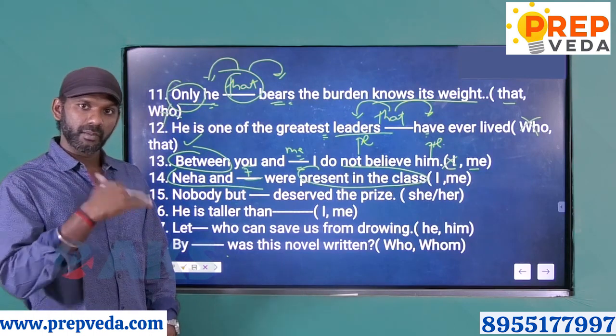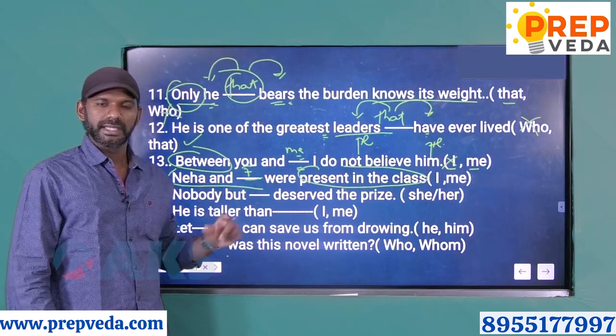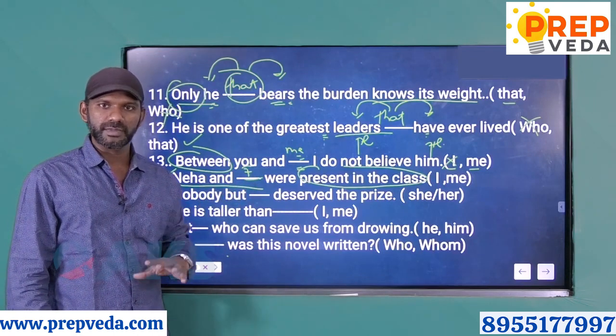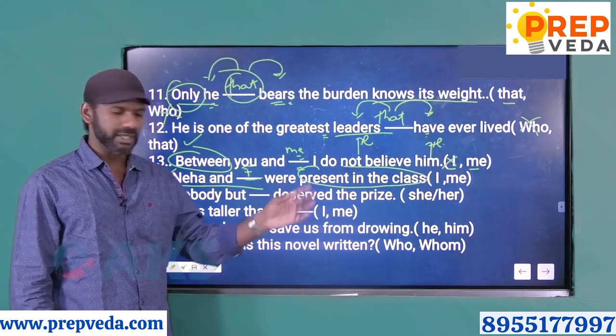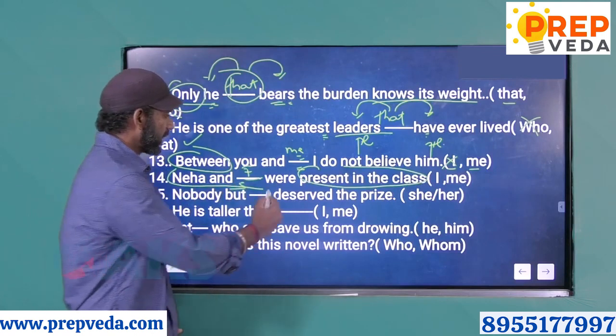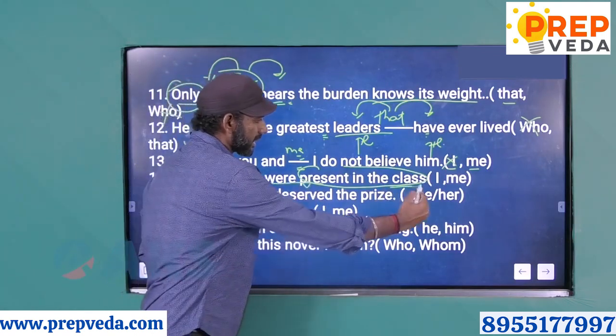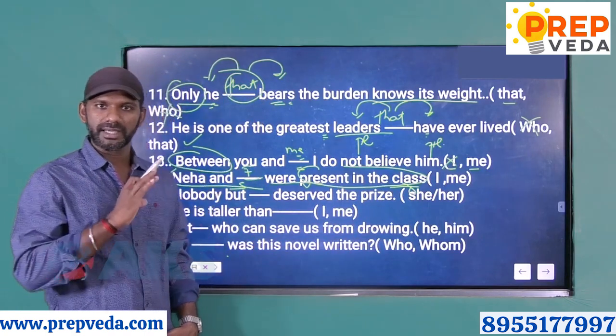One more reason. This sentence is in the active voice. The very first rule that we discussed in the subjective form: if a sentence is in the active voice, subject, verb, object. Neha and dash are the subjects here. Present is the verb here. Class is the object. So this sentence is in the active voice.